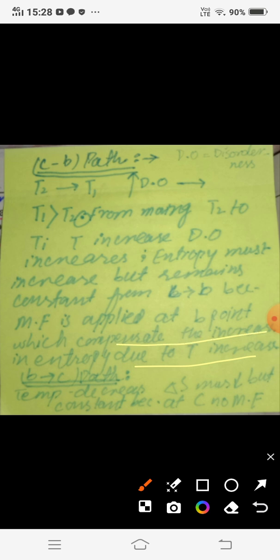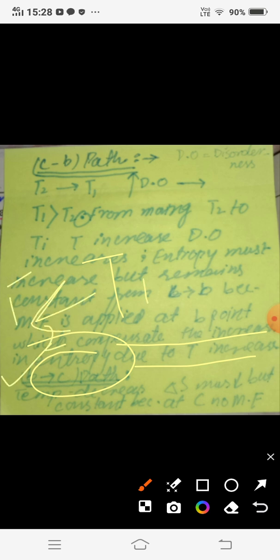So when we move from B to C, the temperature decreases from T1 to T2. Then delta S must decrease, but it is remaining constant. What will be the reason? The reason here is that at C there is no magnetic field. Temperature decreases, delta S must decrease but remains constant.